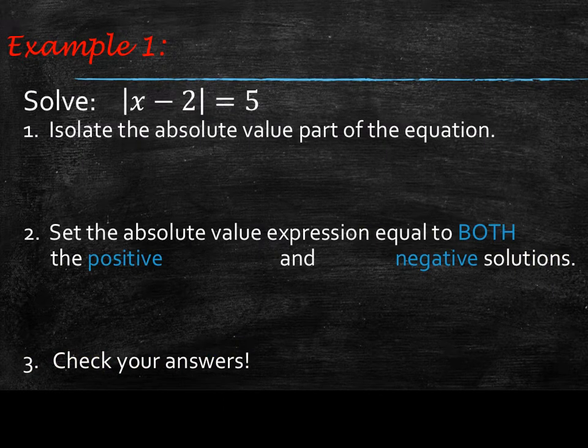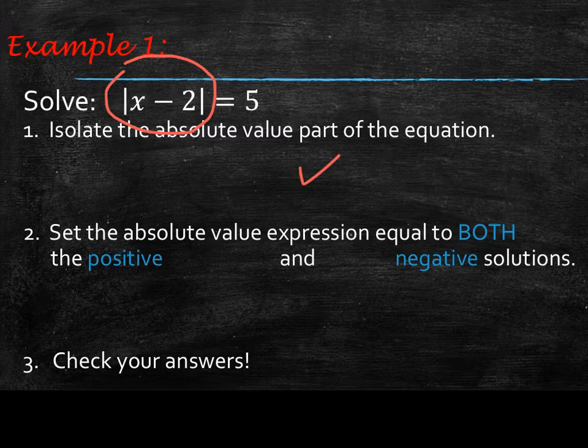Okay, so let's look at this first example. We have that the absolute value of x minus 2 is equal to 5. So our first step says to isolate the absolute value part of the equation. Well, you can see that our absolute value bars are in fact by themselves on the left side of the equation, so they have already been isolated, and we do not need to do that part. Then we're going to take the inside of that absolute value and set it equal to both the positive and negative solution.